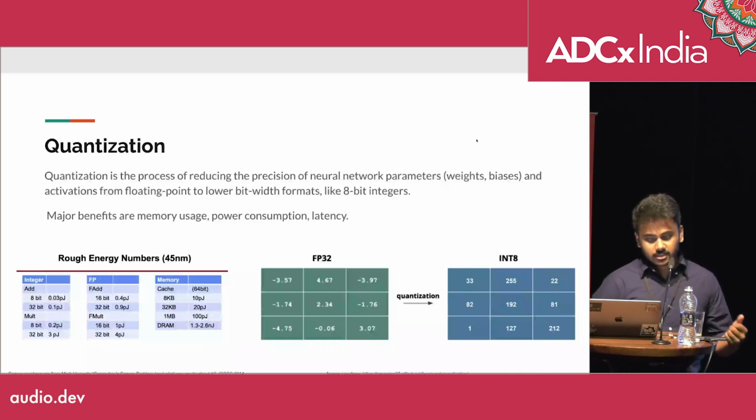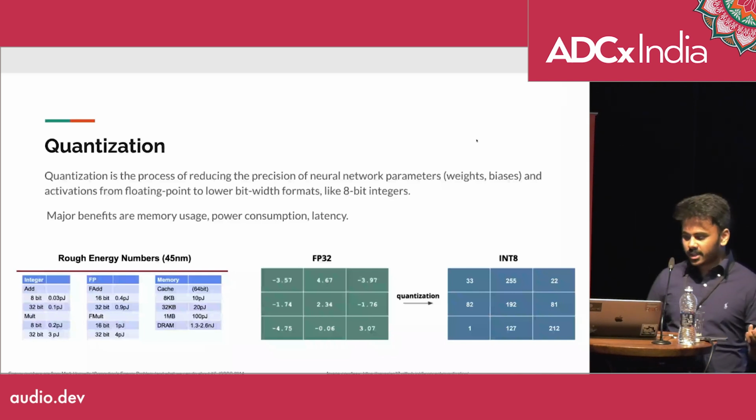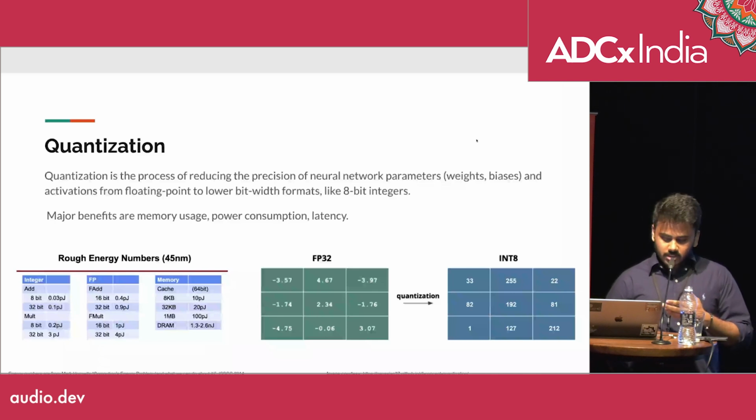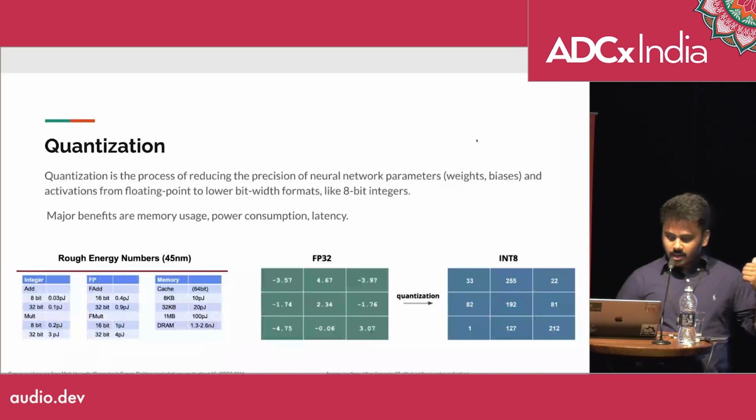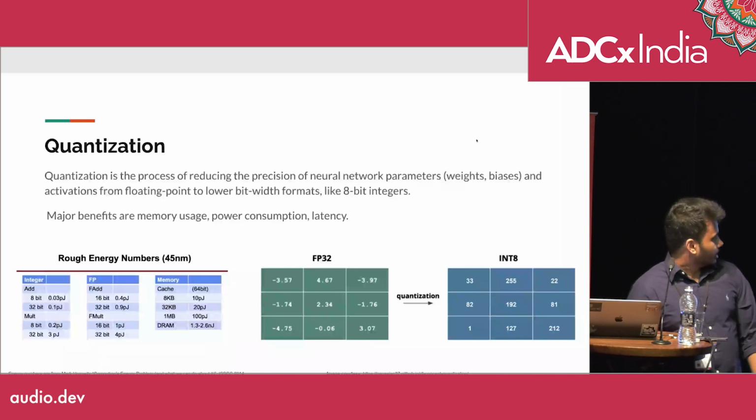The main benefits are memory usage, power consumption and latency. With power consumption, an 8-bit addition consumes about 30 times less energy than a 32-bit float.